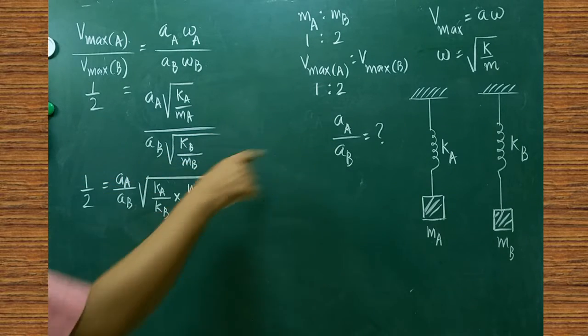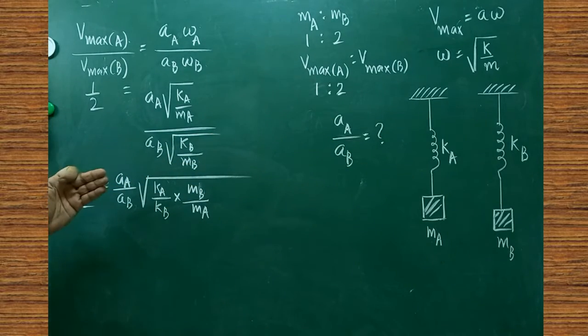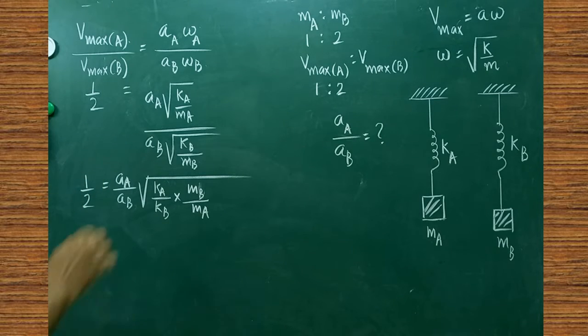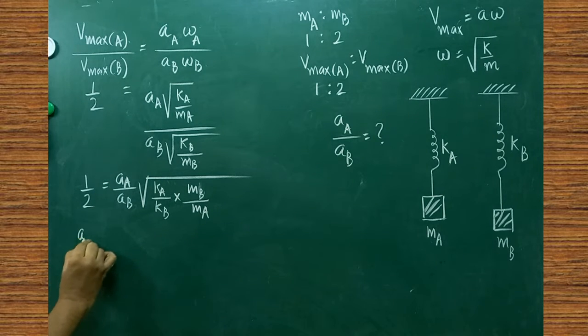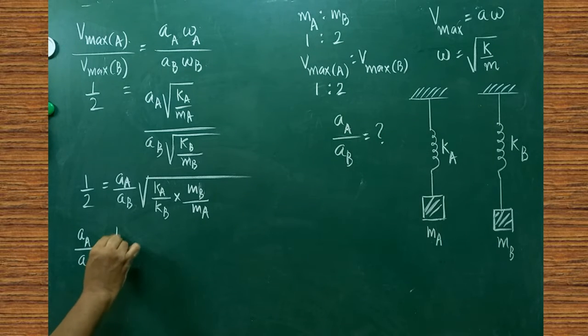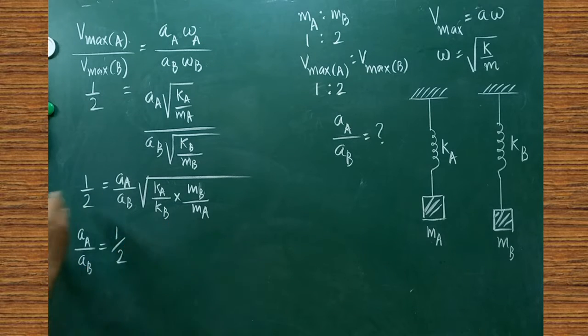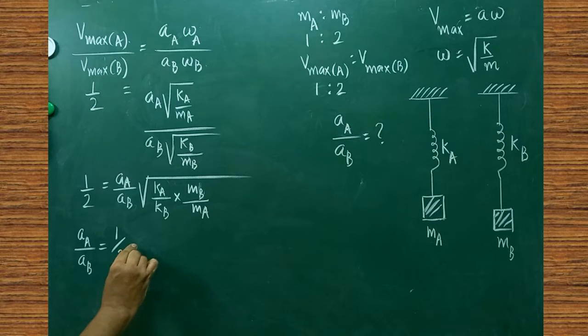Now what is required? AA to AB is required, the ratio of the amplitude of the first system to the second system. So you have to keep this factor here on the LHS. AA by AB can be written, and this half part will remain there only. When the things are brought to this side, everything will get reciprocated. So while writing, what we have to do?